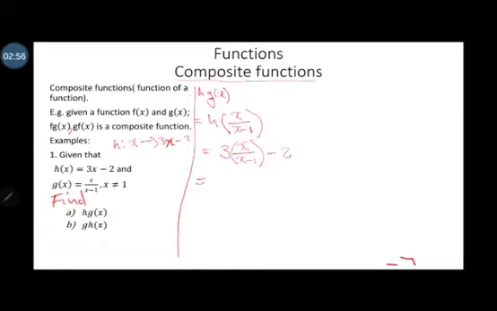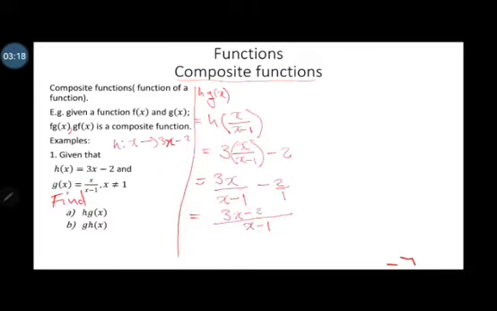So we simplify that one. 3 times x is 3x over x minus 1 minus 2. Let's make this one over 1. Find our common denominator, which is x minus 1. x minus 1 into x minus 1 is 3x.